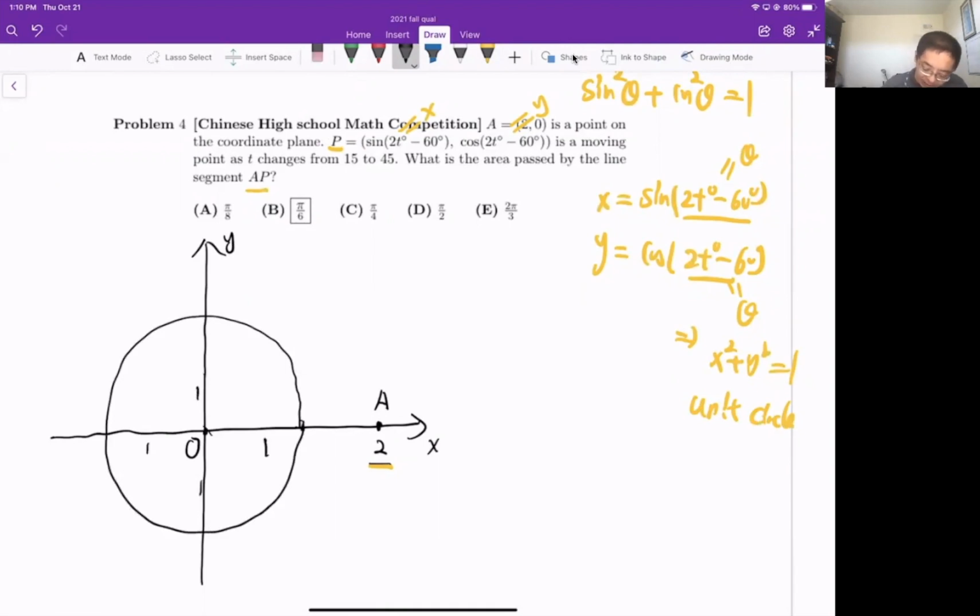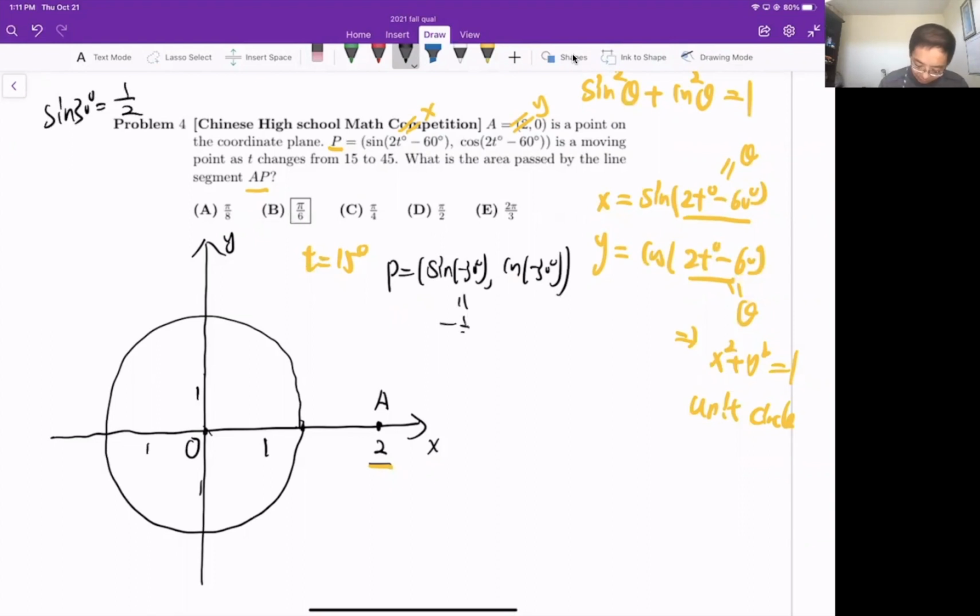Now let's look at P. If we start from, say, t equals 15 degrees, then P is sine(negative 30), cosine(negative 30). So P equals sine negative 30 degrees and cosine negative 30 degrees. Sine is an odd function, so this is negative sine 30 degrees, which we know is 1/2, a special angle.